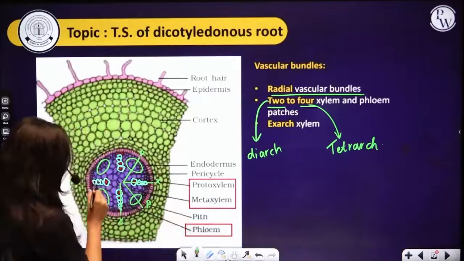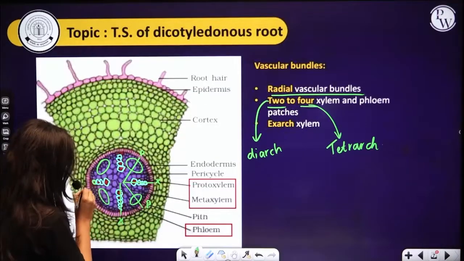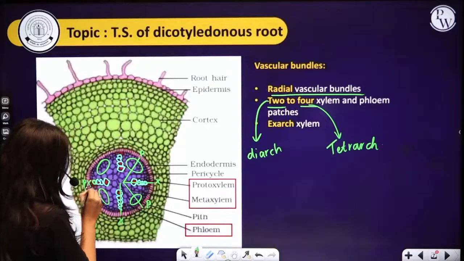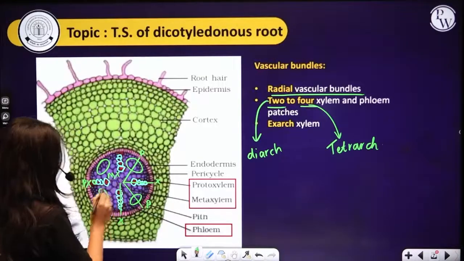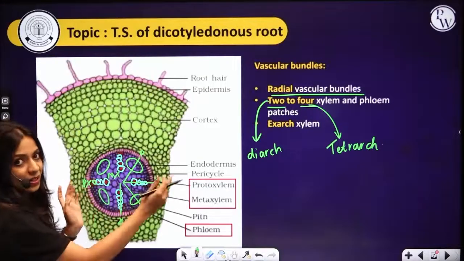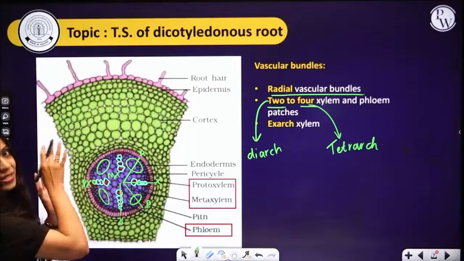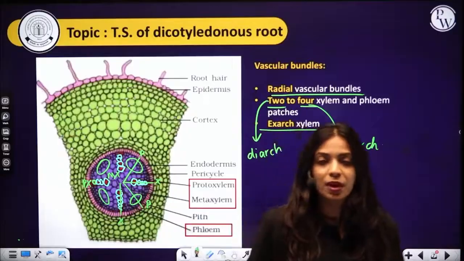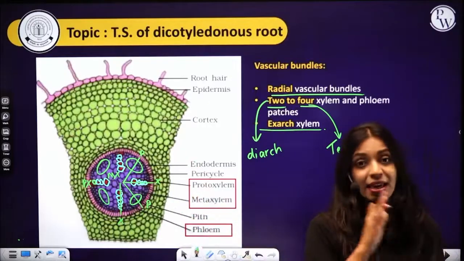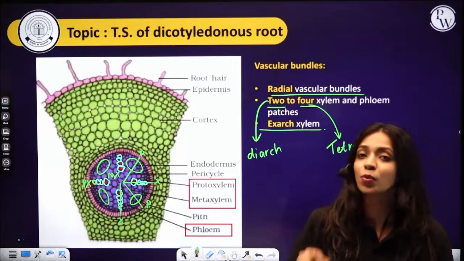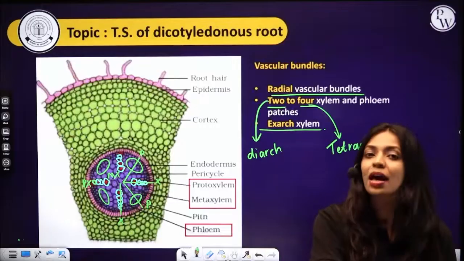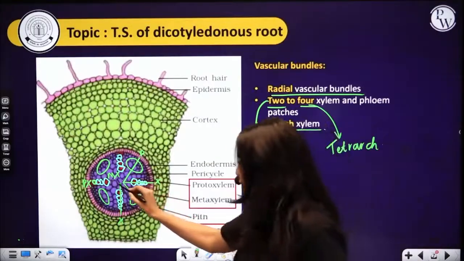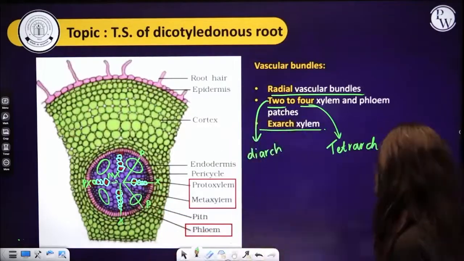So if you consider that, you can see that the protoxylem is present here and metaxylem is present here. Since protoxylem is present towards the periphery, such a xylem is said to be exarch. So over here in roots, you can see exarch condition of xylem, where the protoxylem faces the periphery and the metaxylem faces the pith. Okay.